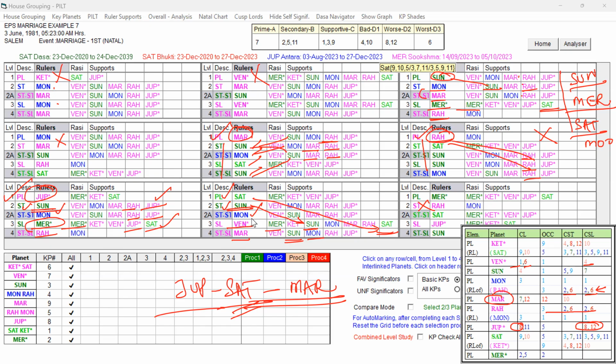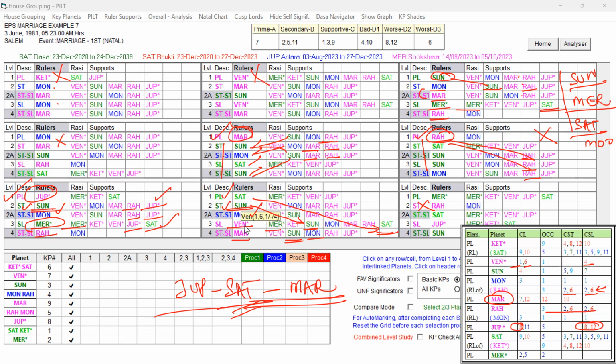Source, effect, and star level all are favorable, but only the sub level has got some weakness, but with the ruler link, it supports good key planets. All the key planets, Mercury, Sun, and Saturn are in supports, forming ruler link also. That way, that weak Bhukti Lord Antara, that sub lord is also becoming favorable.